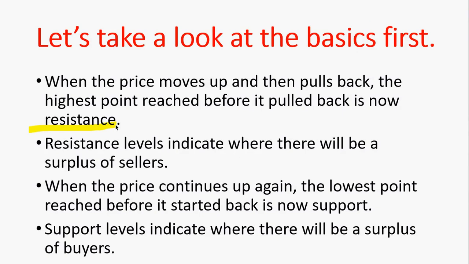The resistance level indicates where there will be more sellers' power, where sellers will be selling. When the price is on that level, there will be a very good sale.